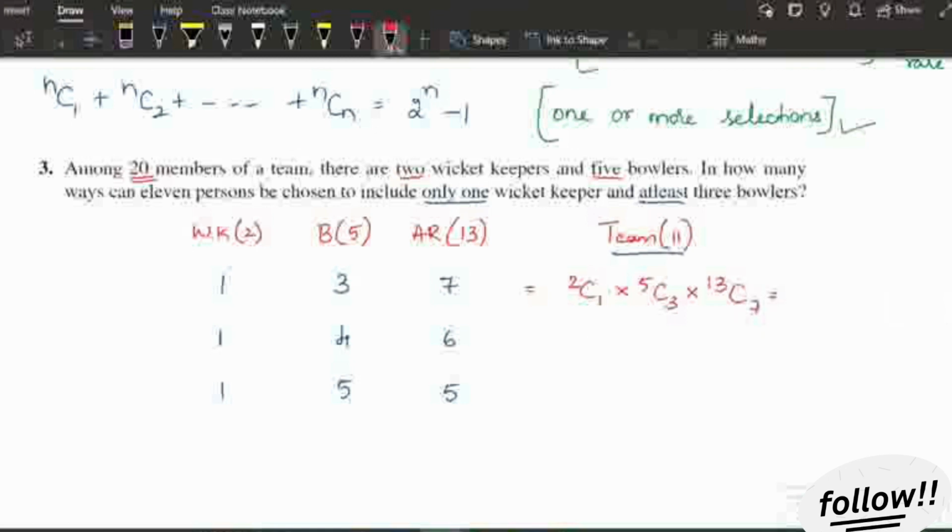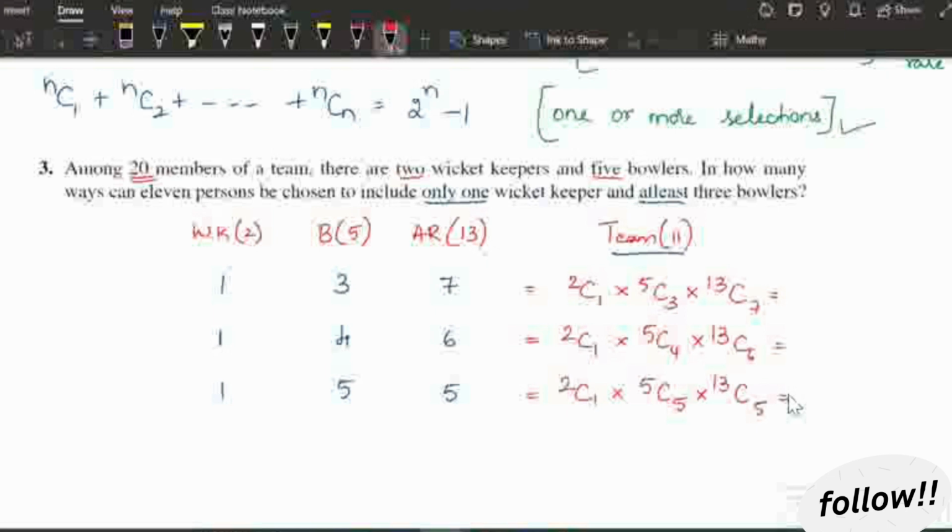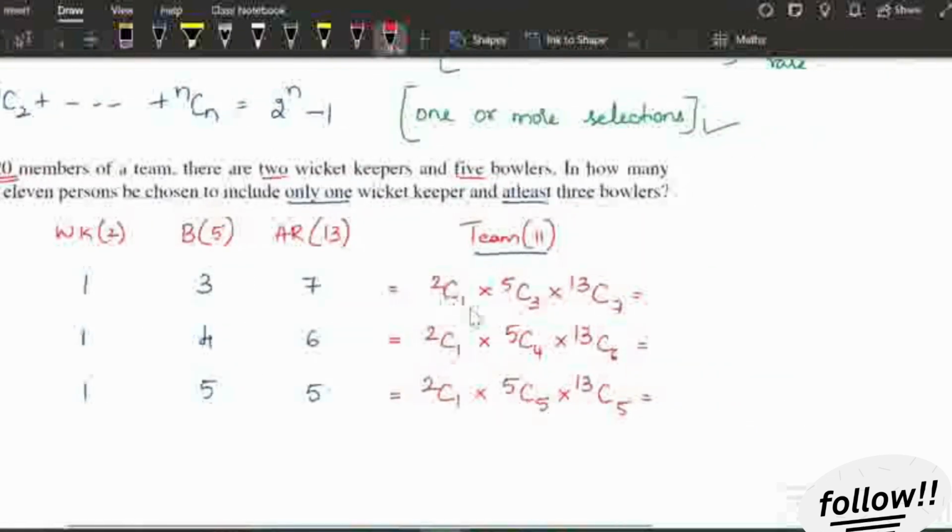That gives you the number of teams in which there is 1 wicket keeper, 3 bowlers, and 5 all-rounders. Similarly, find out for the remaining. Here again it is 2C1 into 5C4 into 13C6, and here it is 2C1 into 5C5 into 13C5. So let us find out the answers and write here.